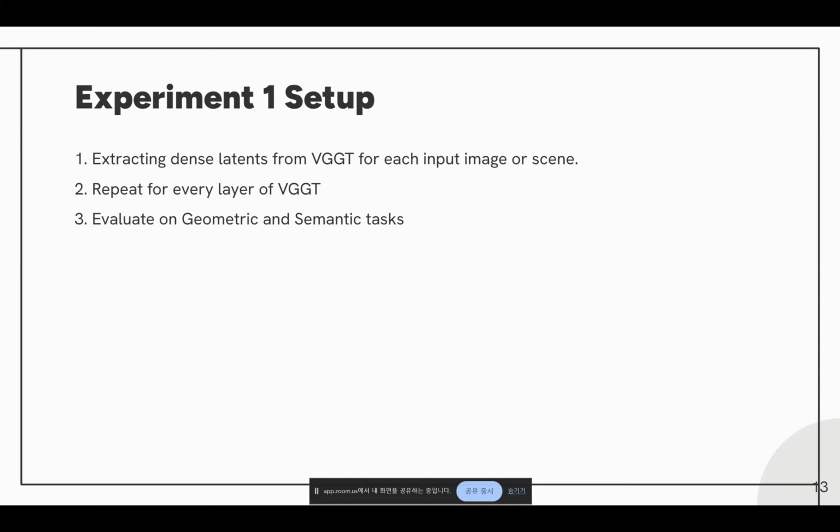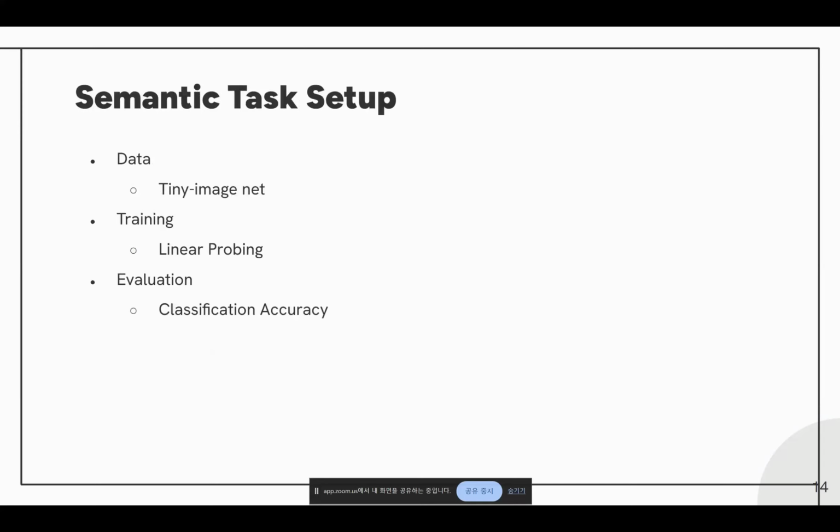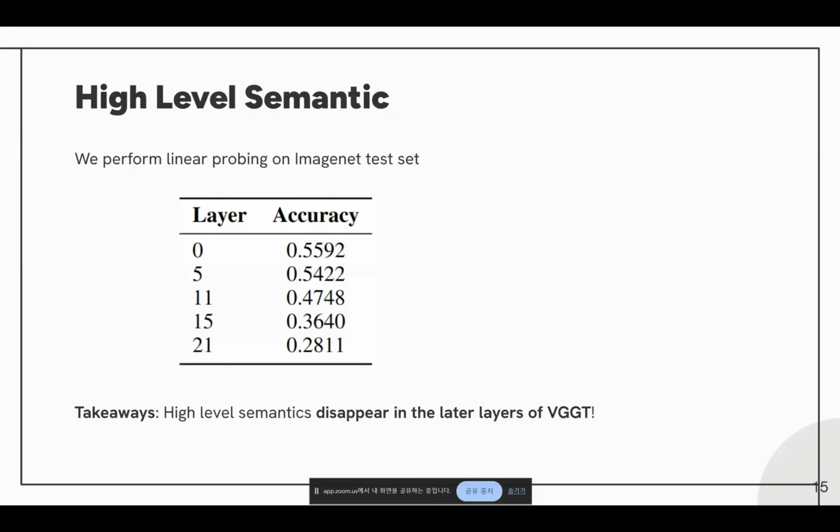We extract dense latents from VGGT for each image or scene, repeat it for each layer of VGGT, and then evaluate it on geometric and semantic tasks. For the semantic task, we use Tiny ImageNet, and we trained by linear probing with the features and evaluated them on classification accuracy.